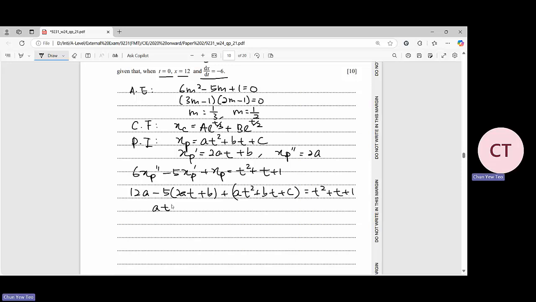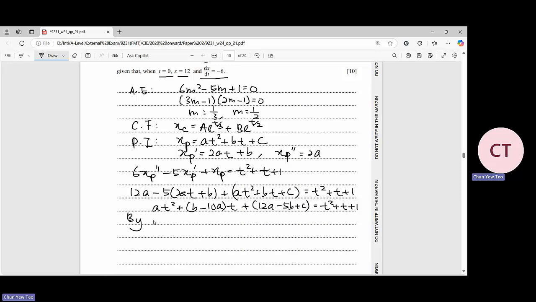So we rearrange everything by grouping the like terms together. It will be (b minus 10a)t over here, and this one will be 12a minus 5b plus c, equal to t squared plus t plus 1.